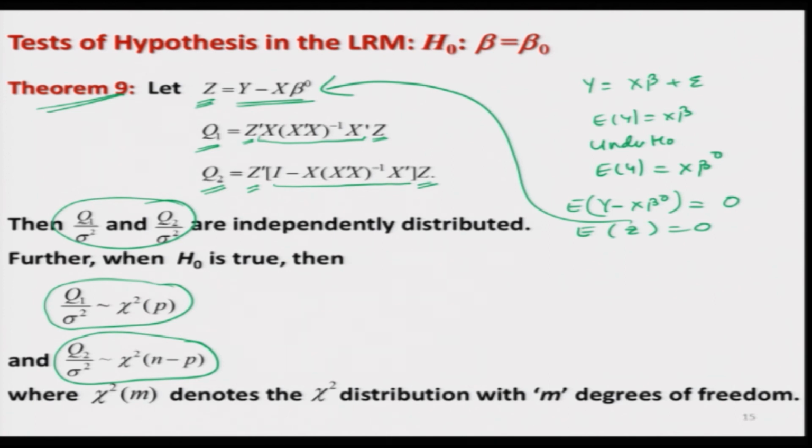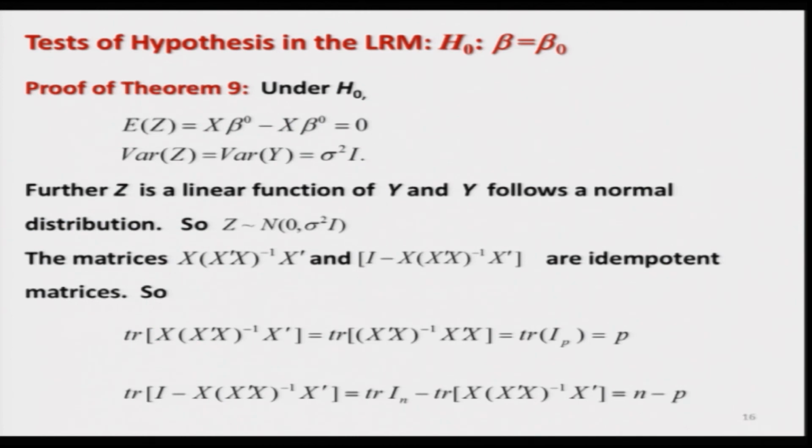Okay. Now we are going to implement this rule, but before that let me show you the proof. You will understand that there is nothing new, we are just going to use the earlier result.